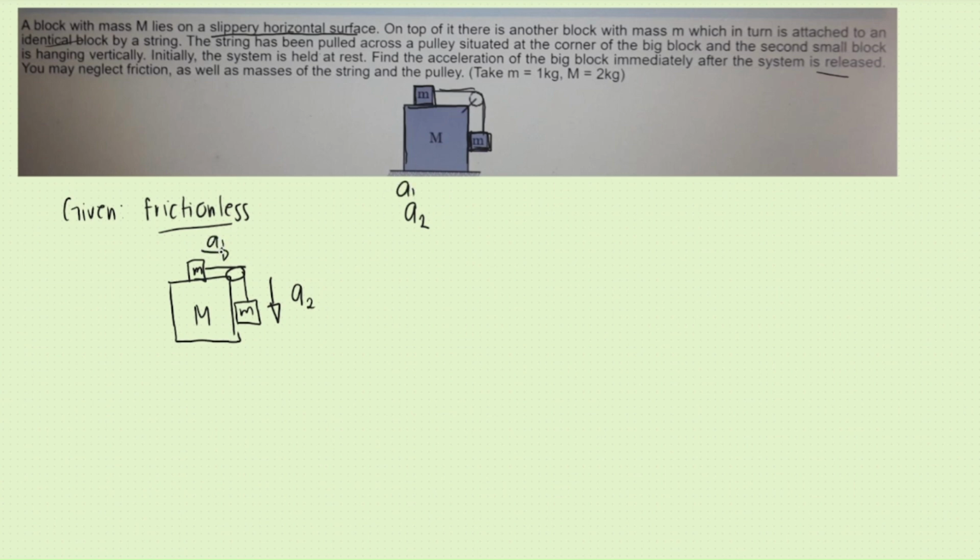A1 is the acceleration of the small block with mass m on top of the big block, relative to the ground. We have to indicate this, because if we don't, the acceleration of the block on top of the big block varies depending on our reference.